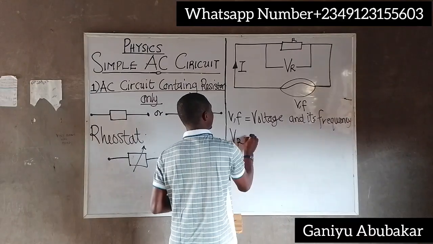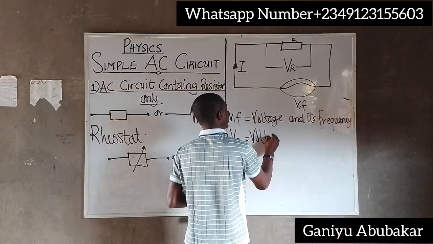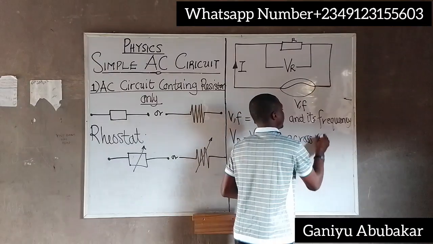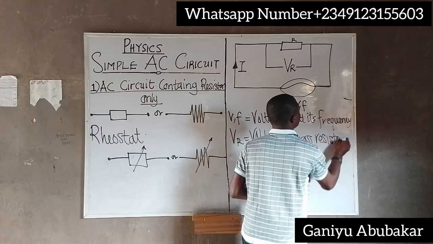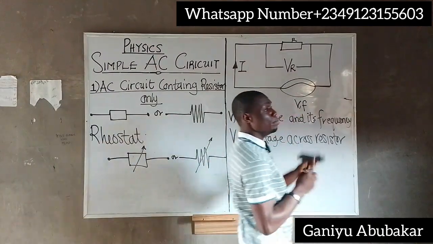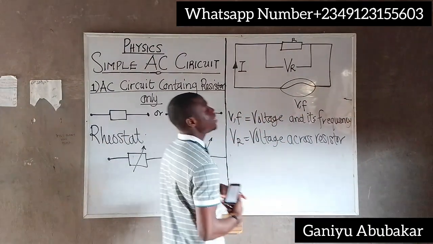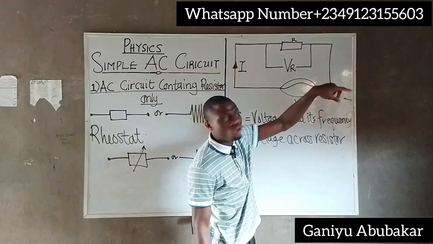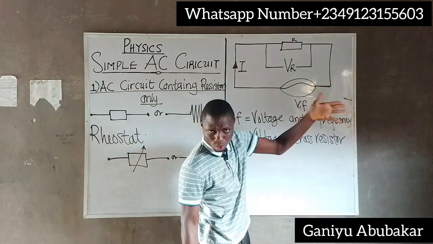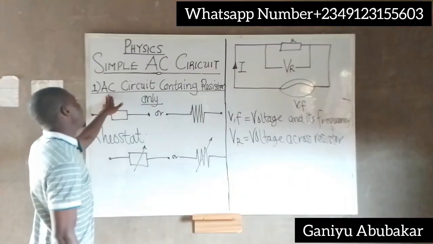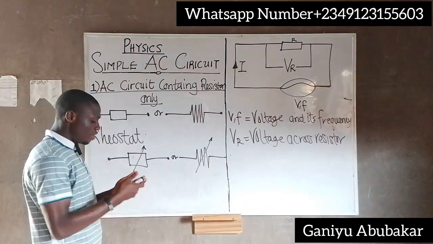VR means voltage across resistor. What's I? I is current. We know that. What's R? The main resistor. The difference between R and VR: VR means voltage across the resistor, while R means resistor. So this is the idea behind the diagram for a circuit containing resistor.